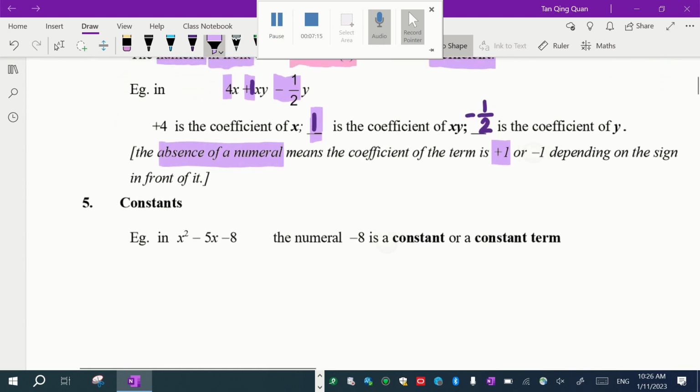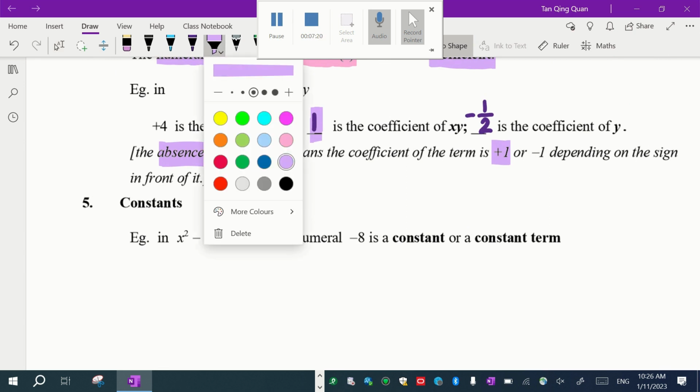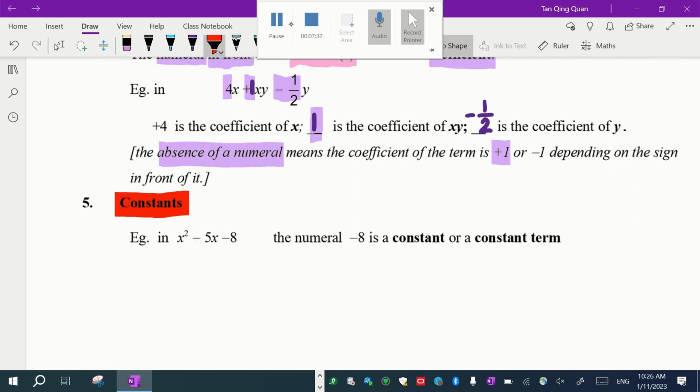And the last thing to take note of in this vocabulary would be constant. So for constant, it is simply the number that does not have a variable, meaning it is a number by itself. Okay, so this negative 8 is therefore the constant, or what we call the constant term.